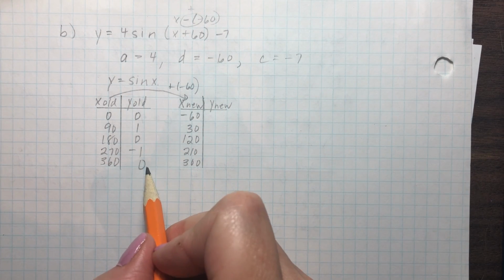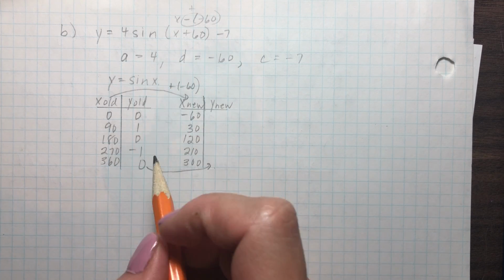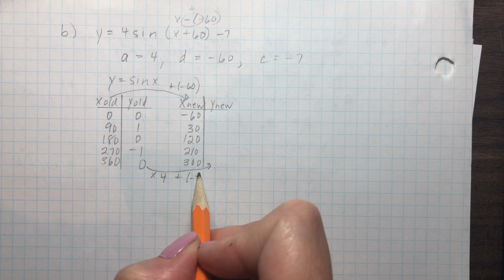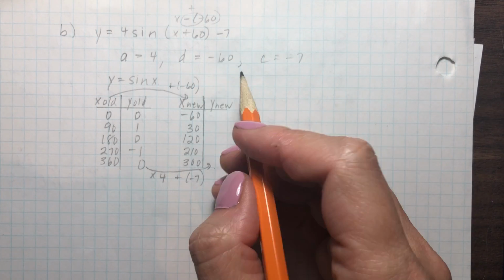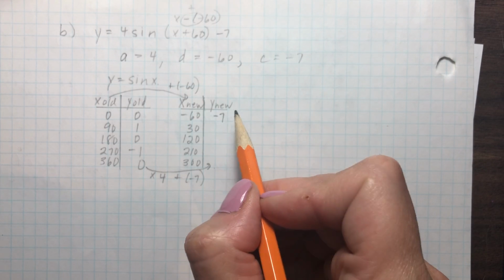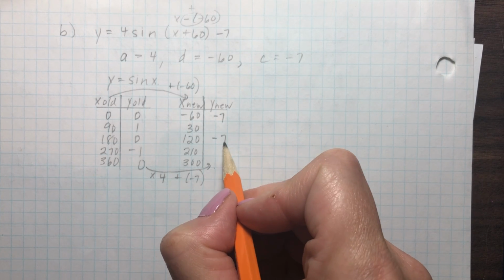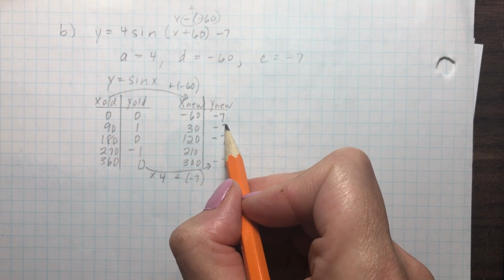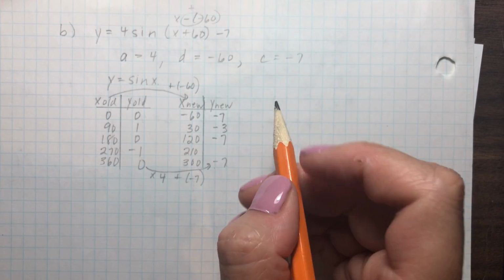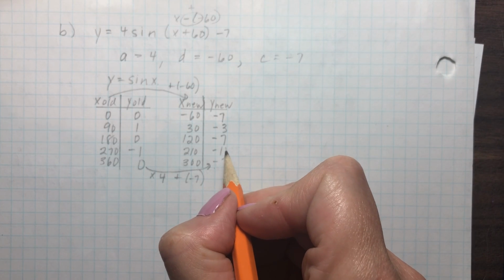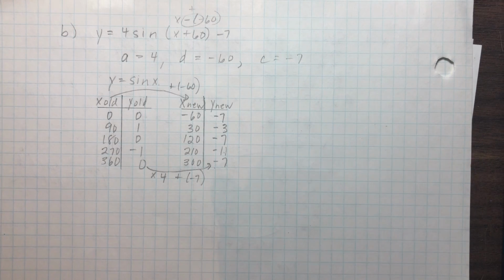To get the new y coordinates from the old ones, we're going to multiply by our a value of 4 and add our c value of negative 7. That gives us negative 7 for the top, middle, and bottom. It gives us negative 3 for the second number, and negative 11 for the fourth number.